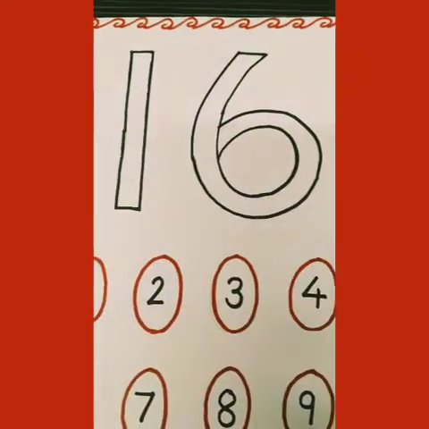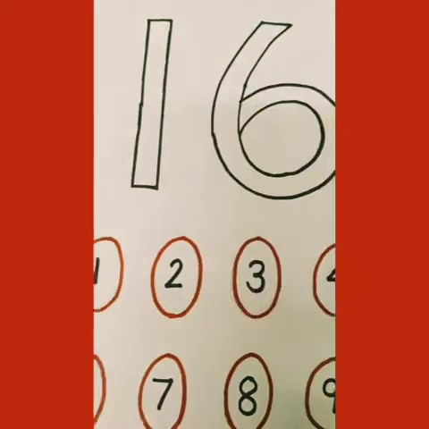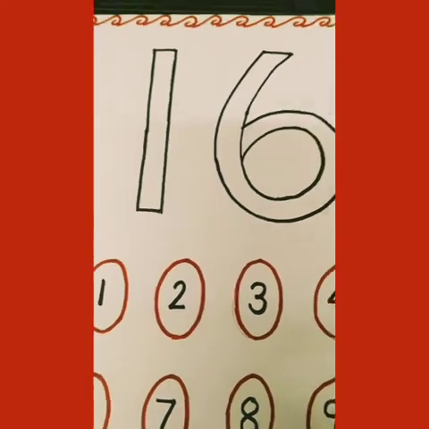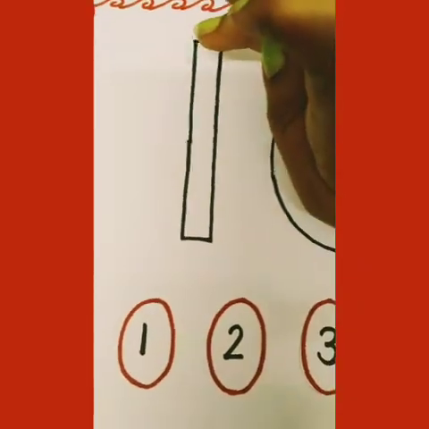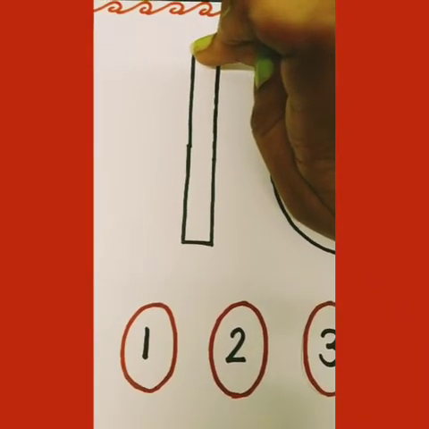Now what you have to do, kids? We have number 16. You have to take color, then dip your finger in it, then make dots like a map. Start from here.